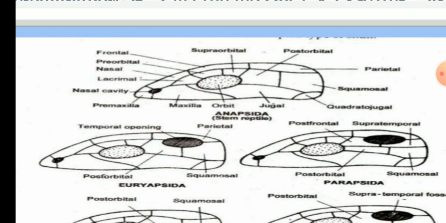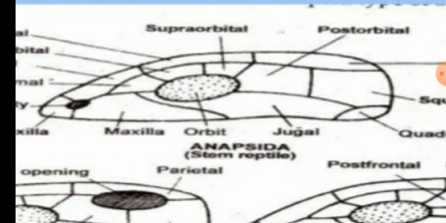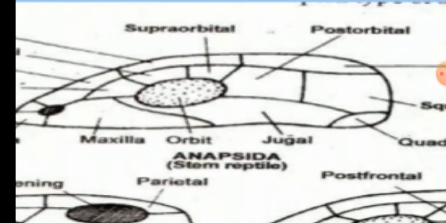Apart from this orbit and the nasal cavity, look carefully at this part of the anapsida, the temporal region. Did you find any type of fenestra or cavity in this type of anapsid, in the temporal region? In this region, did you find anything?